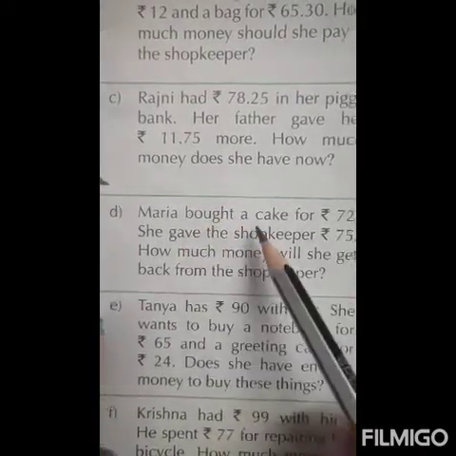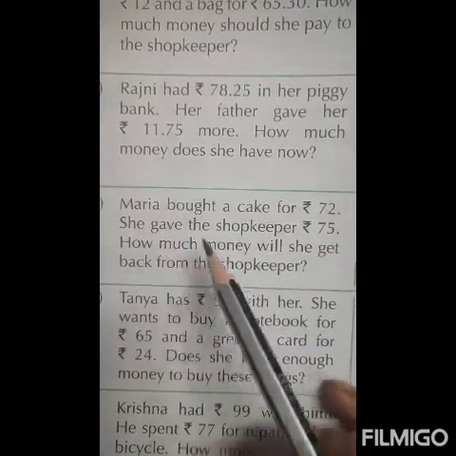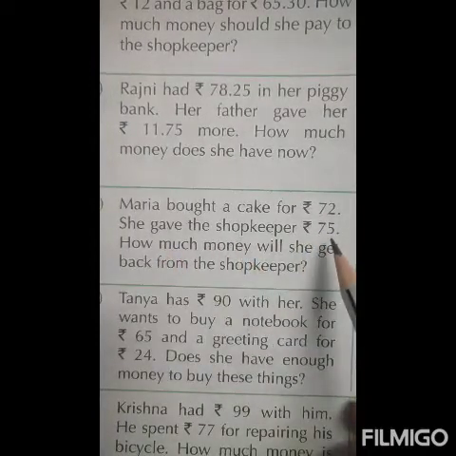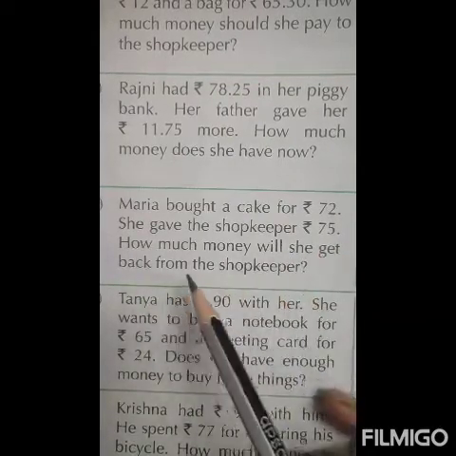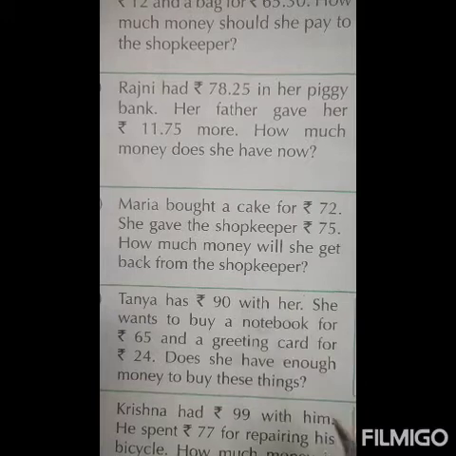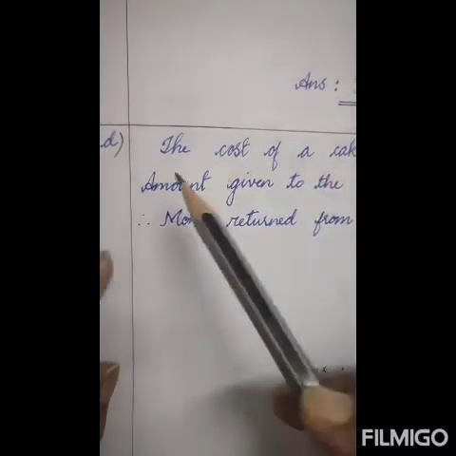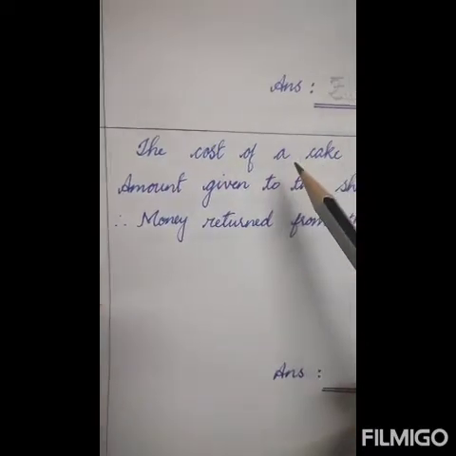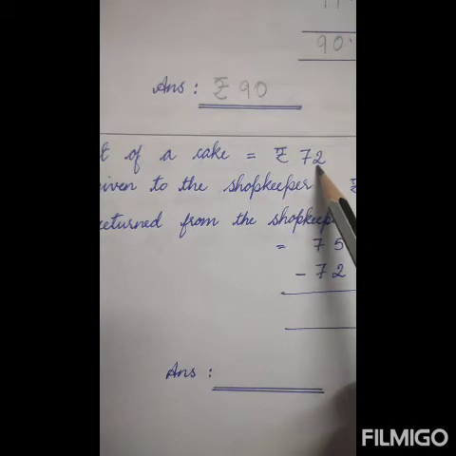Maria bought a cake for rupees 72. She gave the shopkeeper rupees 75. How much money will she get back from the shopkeeper? So we have to start like this. The cost of a cake is equal to rupees 72.